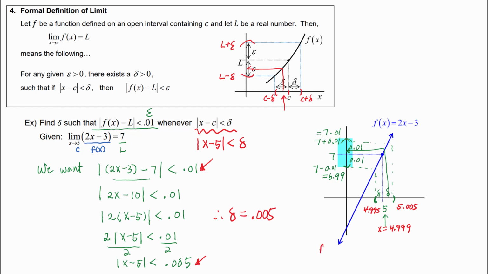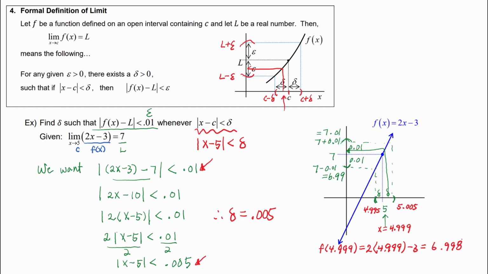And f of 4.999 would be equal to 2 times 4.999 minus 3, which is equal to 6.998. Is 6.998 inside the interval 6.99 to 7.01?